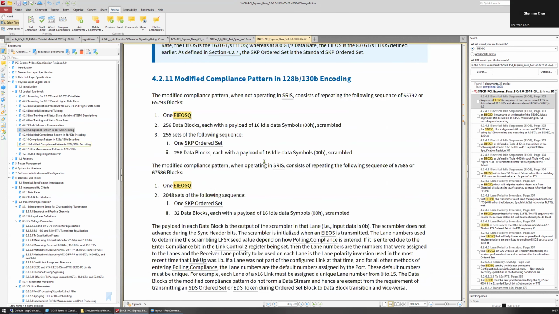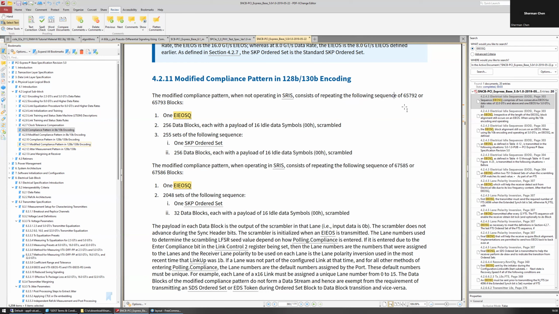The last one is the modified compliance pattern for 128b/130b. Wow, if you look at here, you can see this MCP for 128b/130b is much longer than all the previous patterns we just introduced.